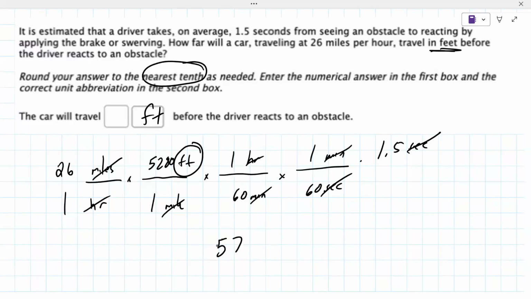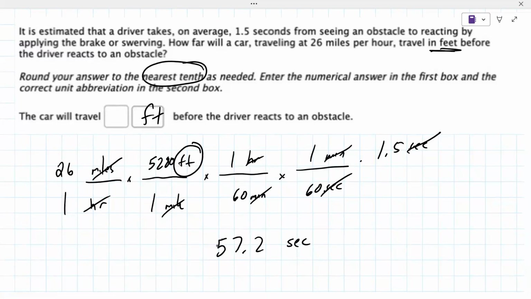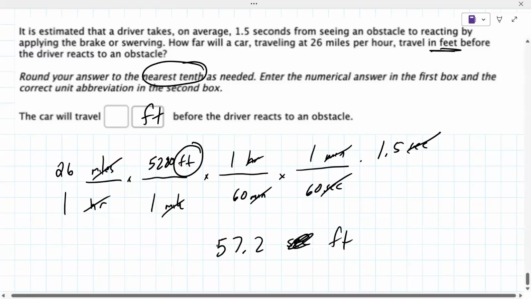So I get 57.2 seconds. Sorry, feet, not seconds, feet. Feet are the units. All right. Cool.